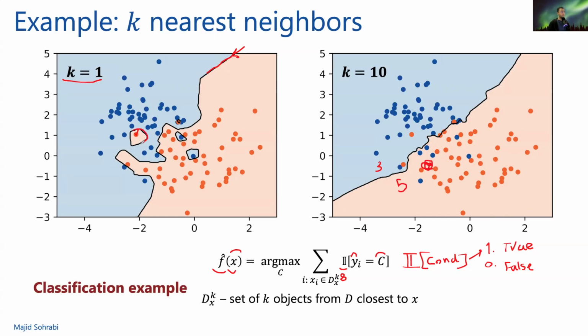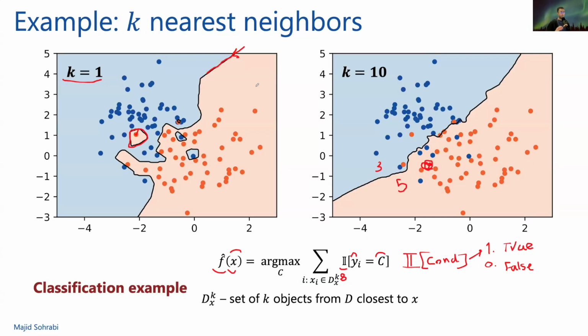So the border would be this strange border in the heart of the blue points. And the model will have 100% accuracy on the training set, but of course it has a lot of error in the test set because the model is not very generalized and it's overfitted on the data. We will discuss overfitting and generalization later.